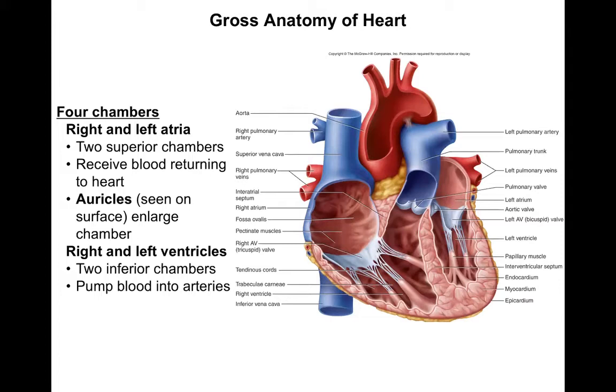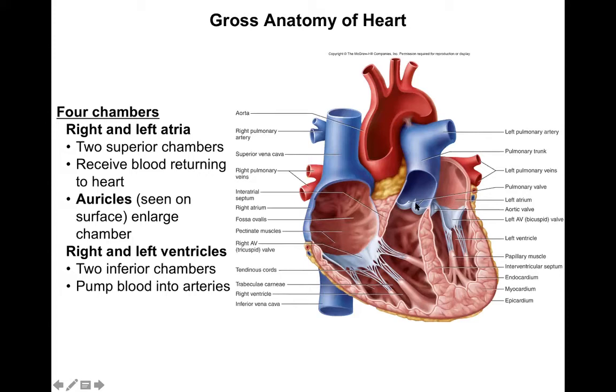There are 2 other valves in addition to that, which are the semilunar valves. The first semilunar valve is between the right ventricle and the pulmonary trunk. What is the pulmonary trunk? The pulmonary trunk takes blood from the ventricle to the lungs, okay?